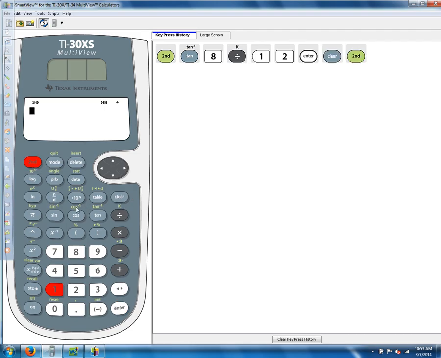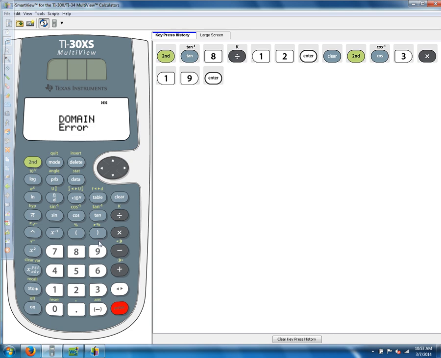Inverse cosine right here. 3 divided by 19. Whoops. I made a mistake and my calculator says you can't do that. So let me go back here and turn that into a divide. That looks better. Hit enter, and I get 80.92 degrees.